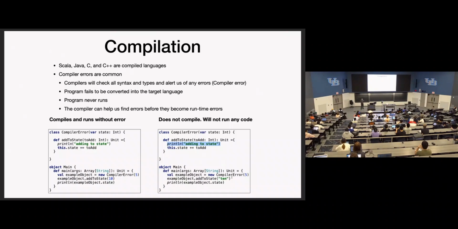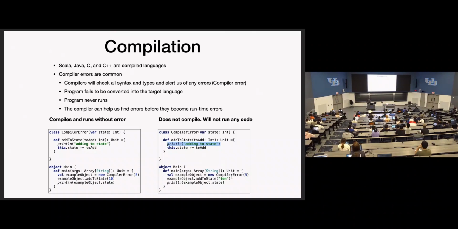So it actually helps you find and fix a lot of your bugs before you get too deep into the development process, before you write too much code. It's just going to say, hey, that's a string. You're trying to add it to an int. Fix this before we move on. So the compiler does really help us in that way.